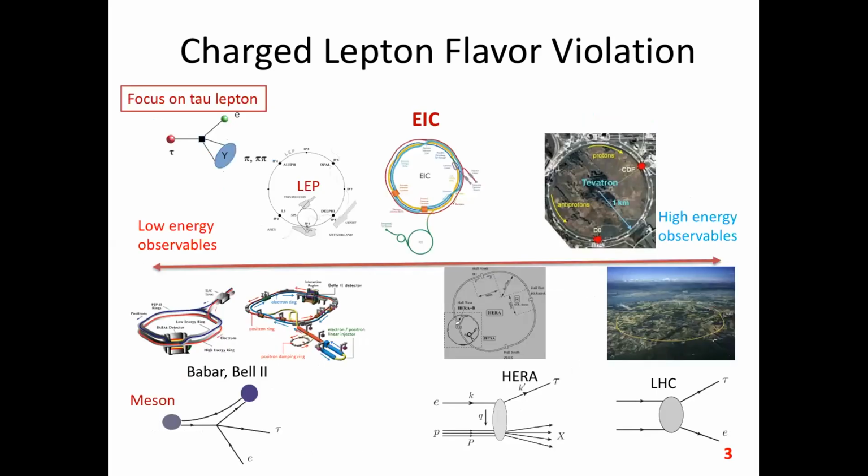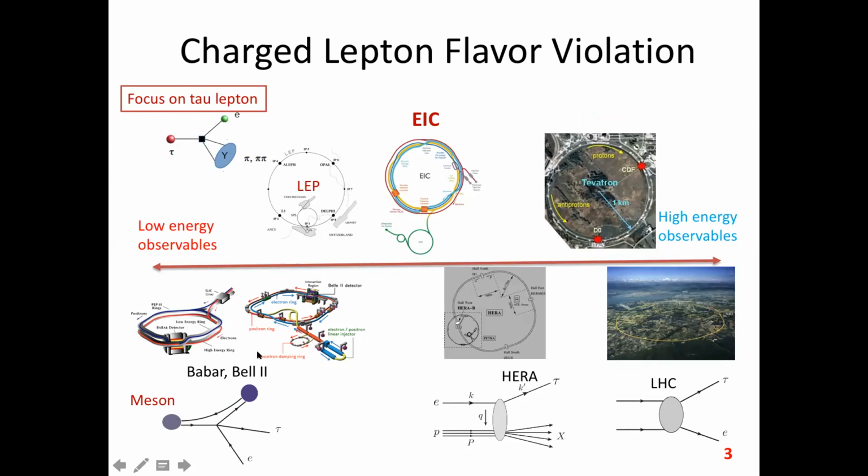The charged lepton flavor violation signal has been widely tested at different levels. Here I just focus on the tau lepton, because the muon signal has been highly constrained by the existing data. There are many data that could constrain the signals from well-known observables.